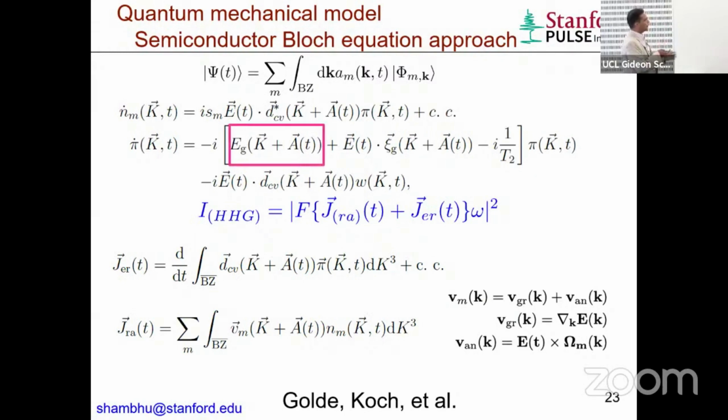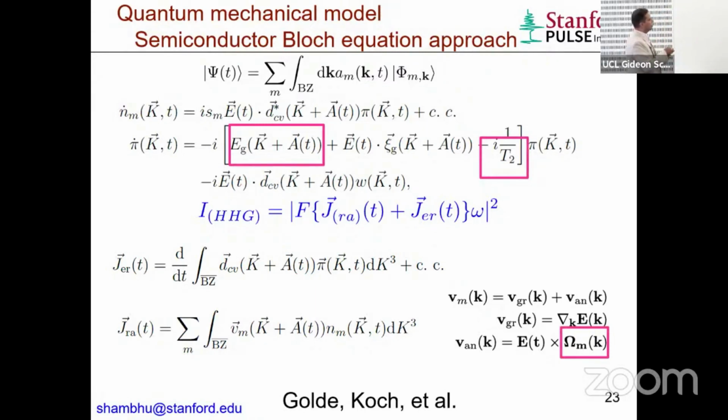This is the momentum dependent band gap. This is what we talked about in the morning, the T2, the dephasing time between these two bands. This is the Berry curvature. I just wanted to show you these equations.